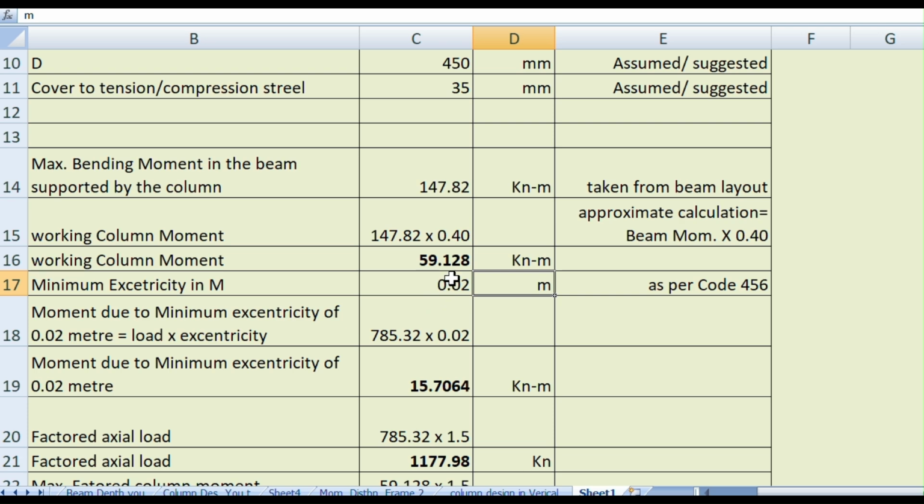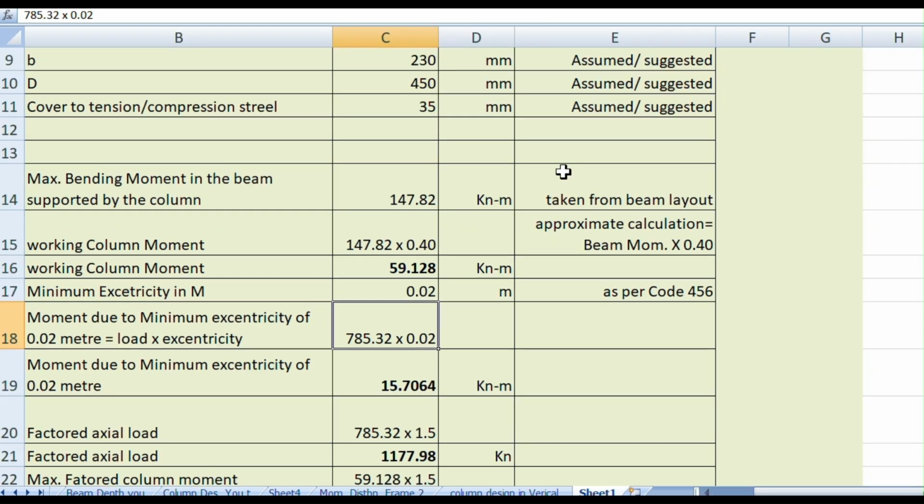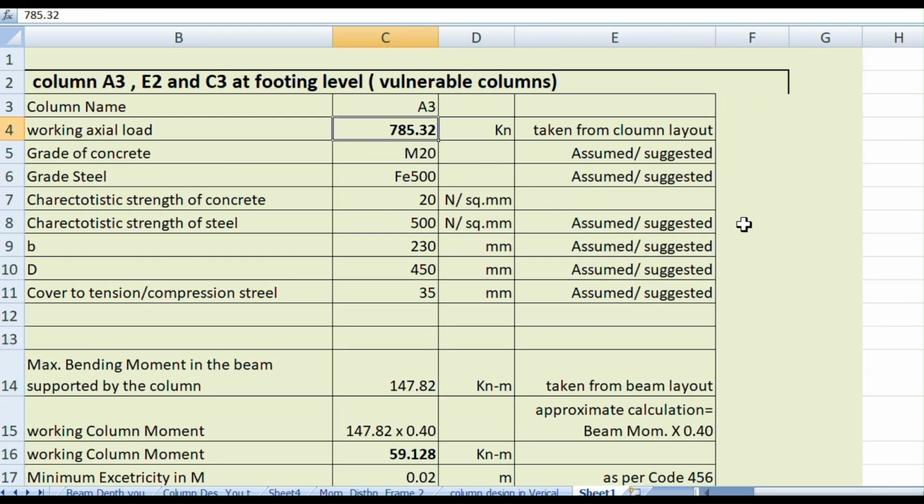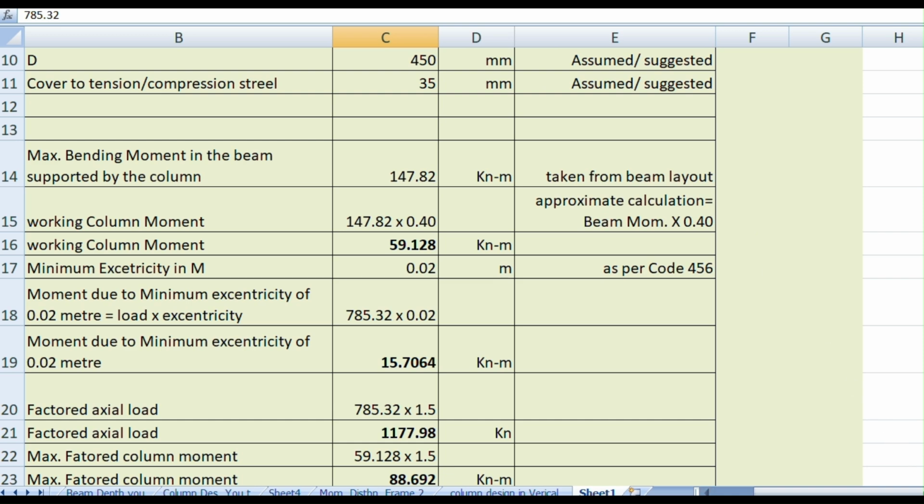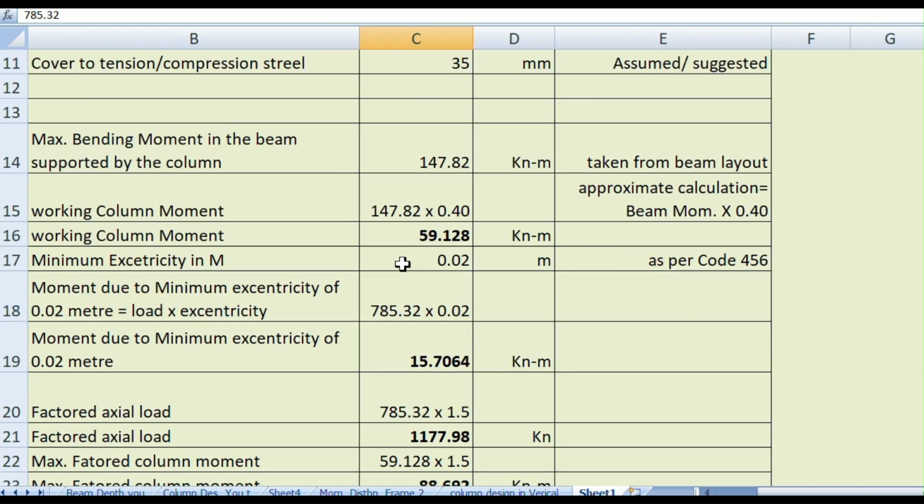Multiplying the distance into the load gives the moment in that column. The axial load is 785.32, into the distance 0.02.